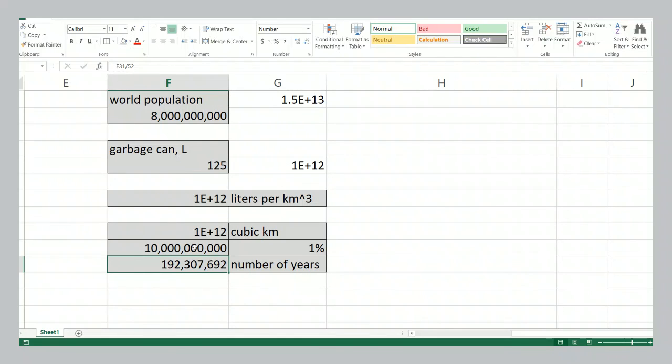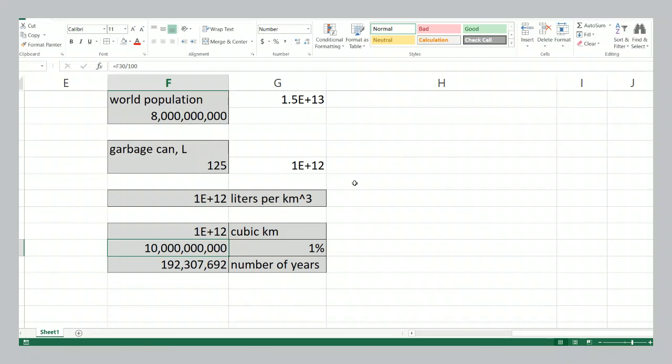Another way to think of it is, well, 10 billion is approximately 8 billion, right? The numbers are pretty close. So imagine every person on Earth has to fill up one of these garbage cans for every single person on Earth. You need to fill up a garbage can for everybody on the planet and give it to them.